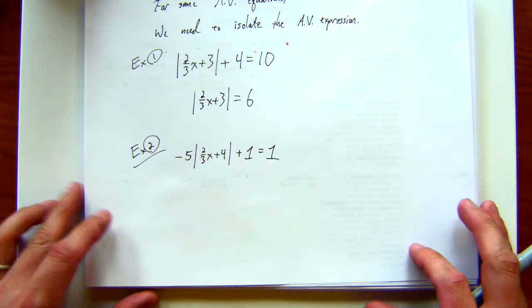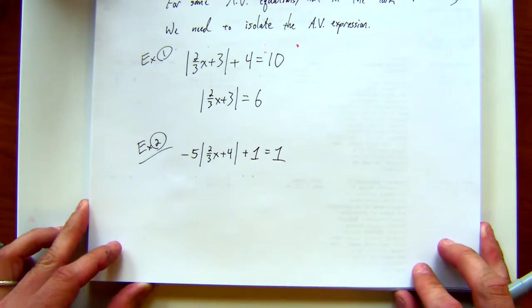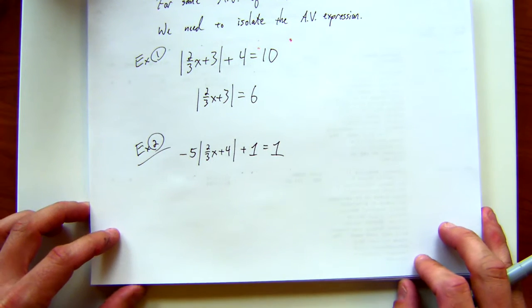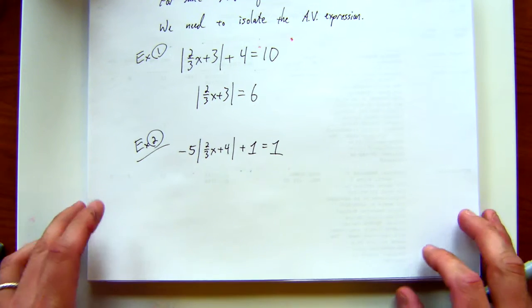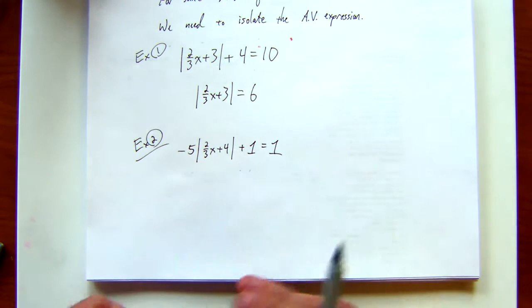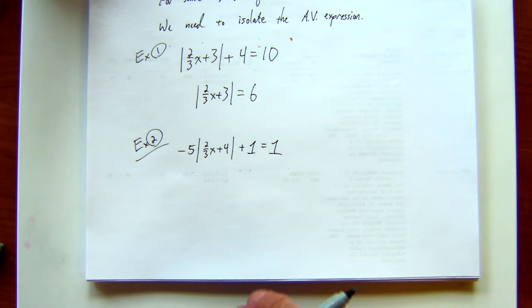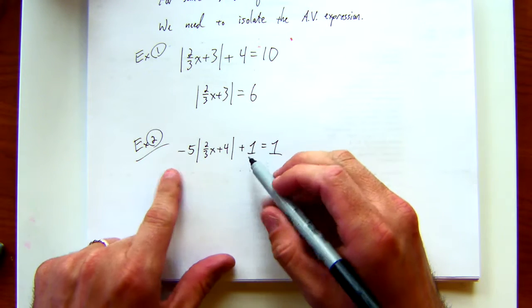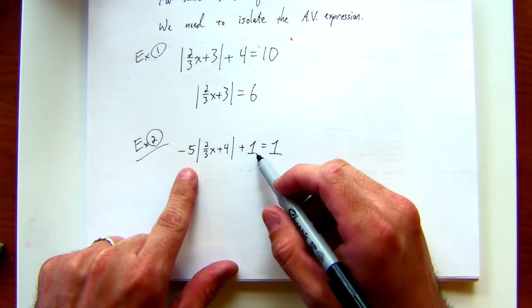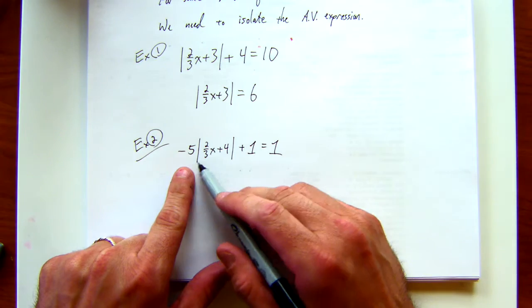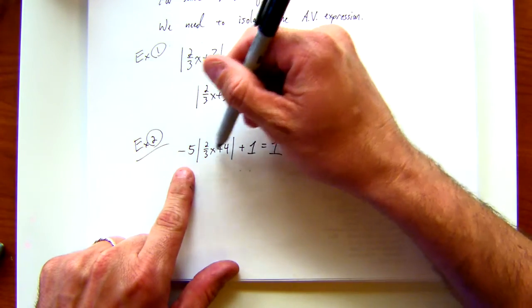Whenever we want to solve these equations, what do we do first? Do we divide, or do we subtract, like if we were just solving a linear equation? Subtracting I think would be easier. You could actually divide by negative 5, but you have to remember to do that to everything.